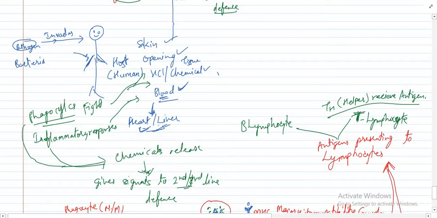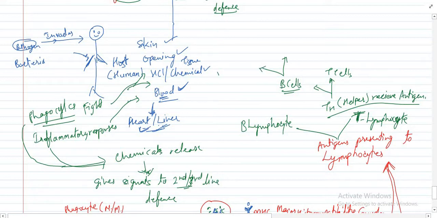After receiving this signal, these TH cells go to two different kinds of cells, and these are again B cells or might be T cells. Whenever they give the signal to the B cell, then the B cell starts dividing and differentiates into two cells.